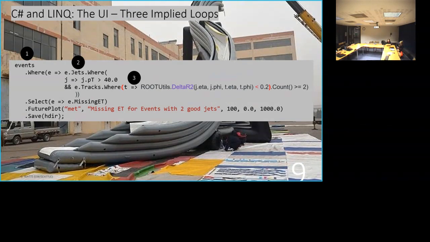So a couple of things to notice about this. One is there are actually 3 implied loops, but nowhere is the loop code written. And the idea behind this is that the backend will know better how to do this, depending upon the data, where it's located, and how it's written out. It will know better how to write the loops. And this also means you're agnostic to the type of data.